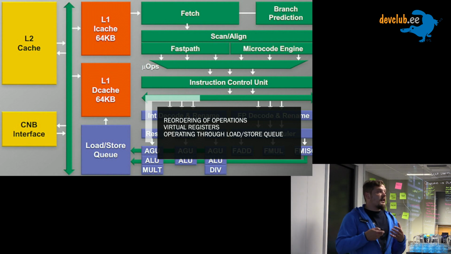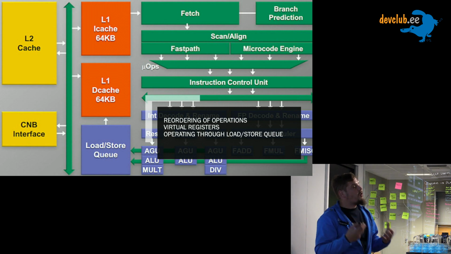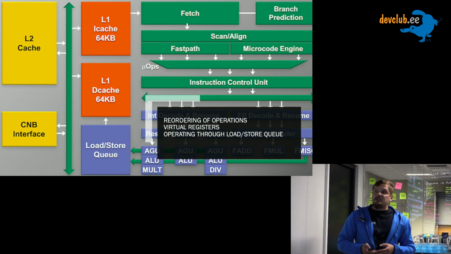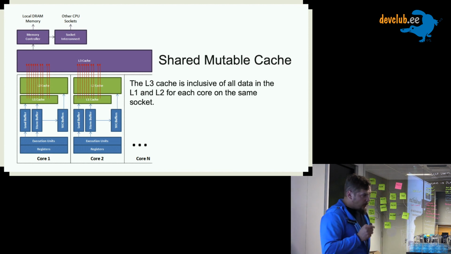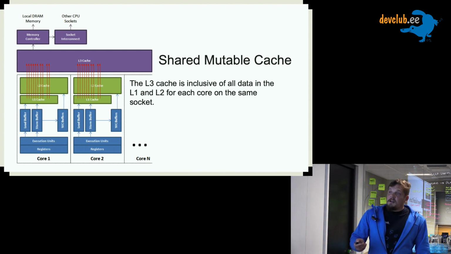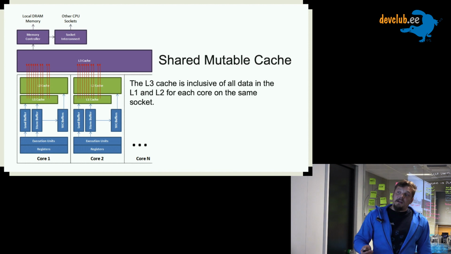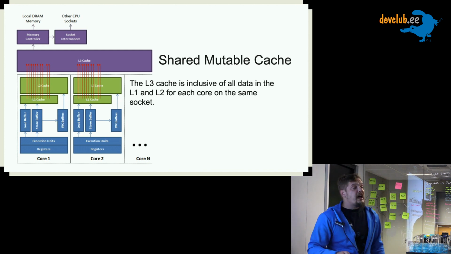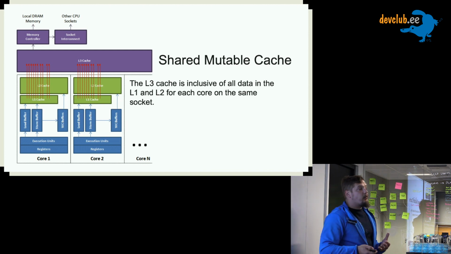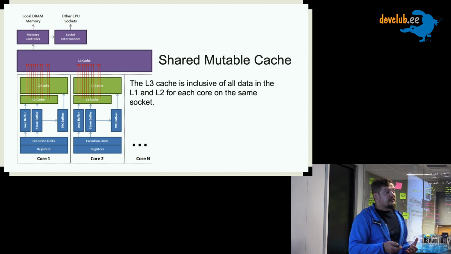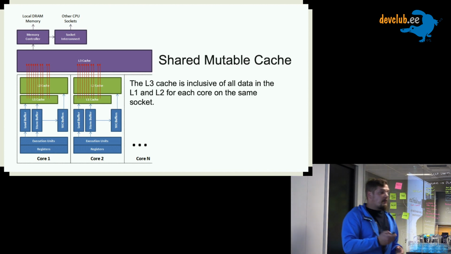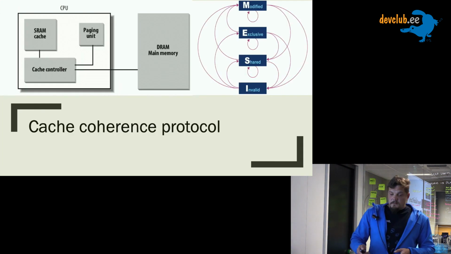So that's how the processor preserves the order, how a processor core can finish unordered operations. And the main problem is that all data that are in L1, L2 cache are inclusive in L3 cache too. It means that if you have some application, some threads working on some shared data structure, and this data structure is situated in L3 cache, then you will have a problem.